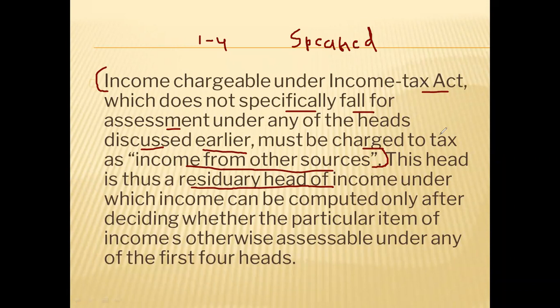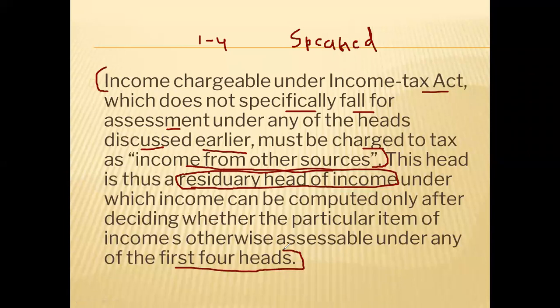So this is very important. This head is thus a residuary head of income, under which income can be computed only after deciding whether the particular item of income is otherwise assessable under any of the other first four heads.